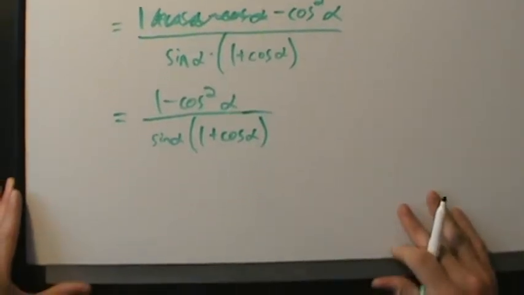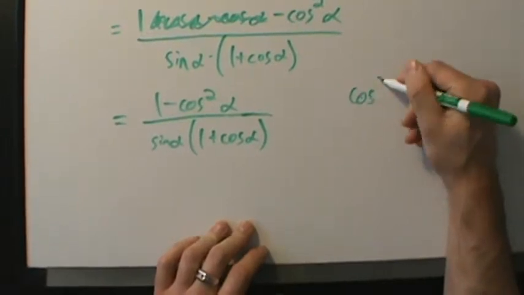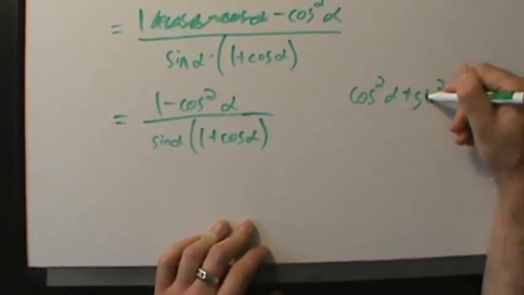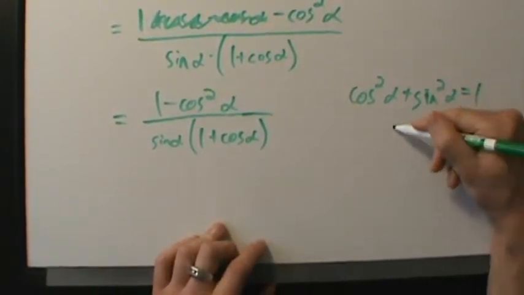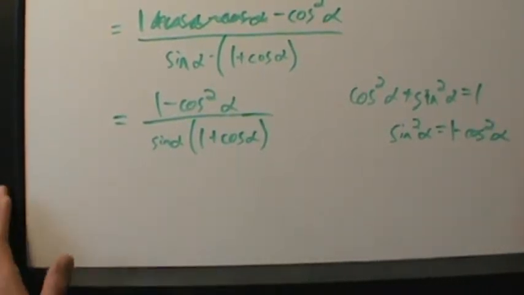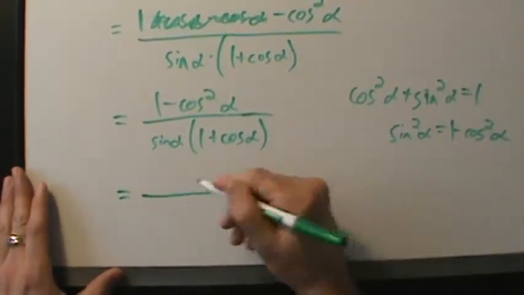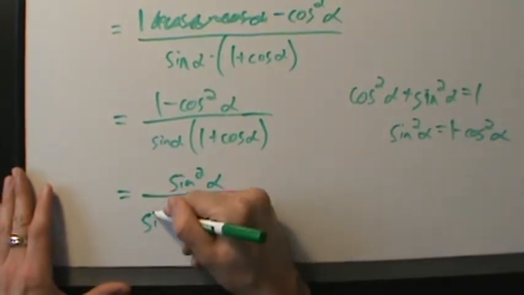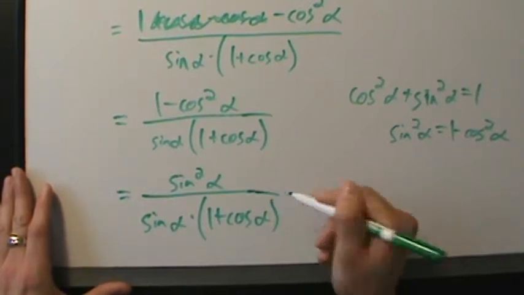Now 1 minus cosine squared of alpha, we already mentioned this, but remember from the Pythagorean identity, cosine squared of alpha plus sine squared of alpha equals 1. If we subtract cosine squared from both sides, then sine squared of alpha is 1 minus cosine squared of alpha. So on top we have sine squared of alpha, and on the bottom we still have sine of alpha times 1 plus cosine of alpha.